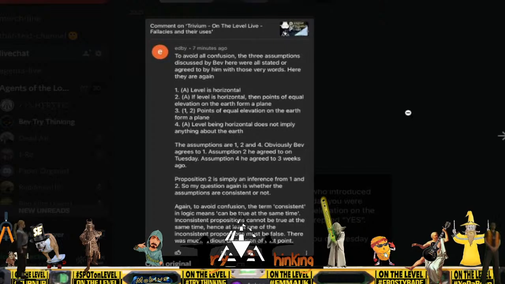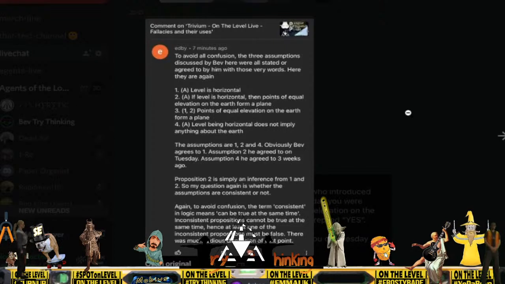So he calls that an assumption for some reason. If level is horizontal, then points of equal elevation on the earth form a plane. But you can get rid of "on the earth" and just say, then points of equal elevation form a plane.